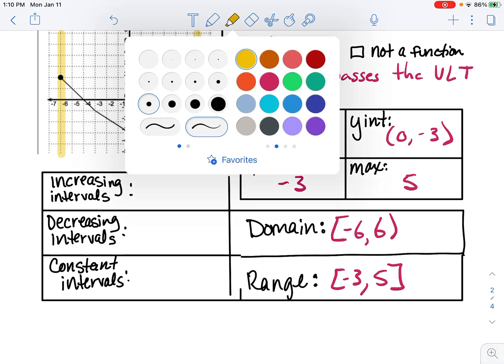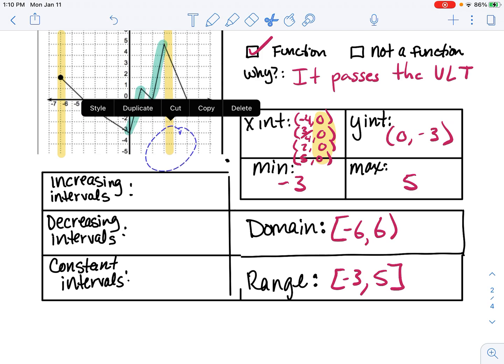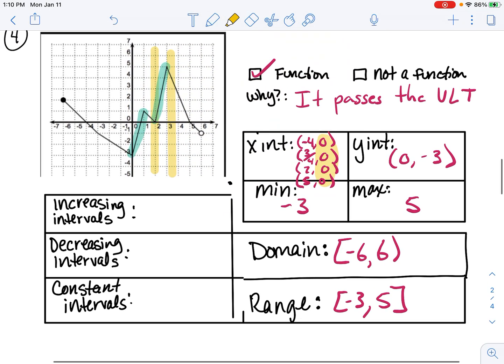All right. Increasing intervals is going to be increasing from here to here and from here to here. So there's one. There's 2 different sections where it's increasing.